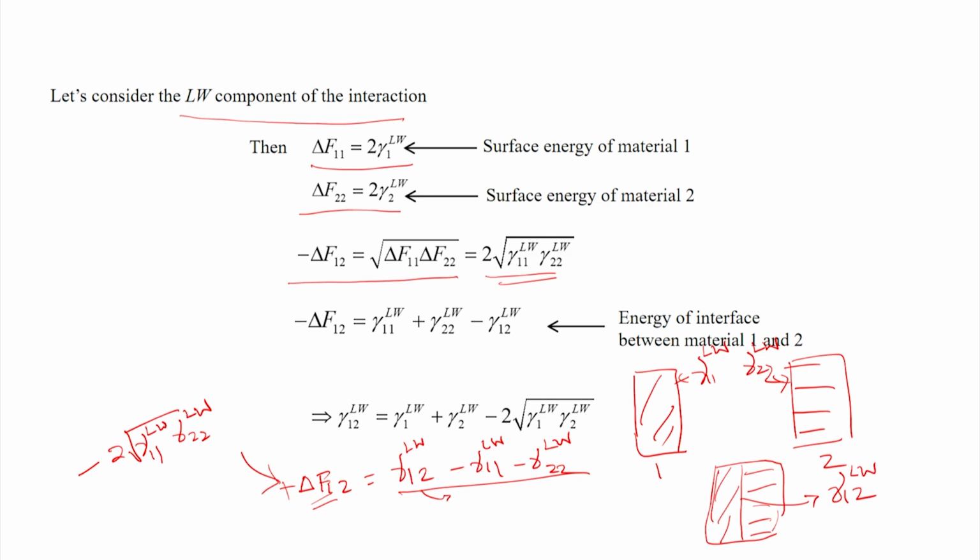So, this gamma 12 is what we have derived over here. Gamma 12 LW, that is the interfacial energy, will come out to be gamma 1 LW plus gamma 2 LW minus 2 square root of gamma 1 LW gamma 2 LW. So, this comes directly from this.